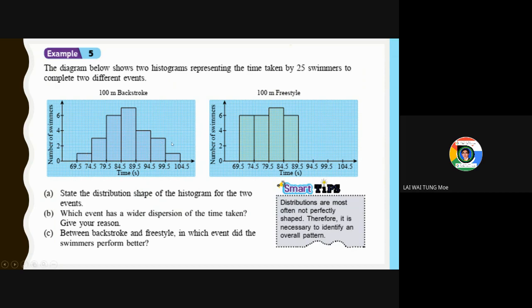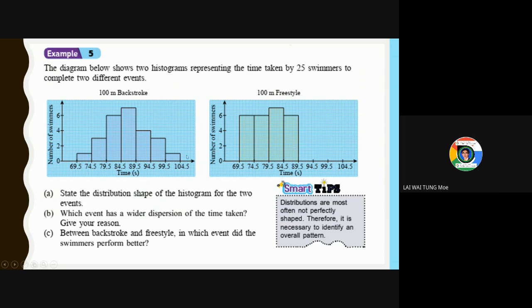So for dispersion, normally we will take the lowest mark, or in this question the fastest time, and then we will look at the longest time given, and we will try to find the difference. Then compare the 2 events, the difference for the backstroke and the difference for the freestyle.